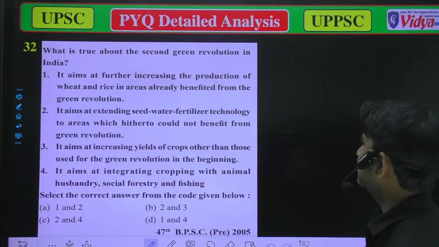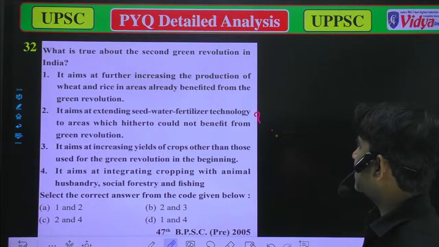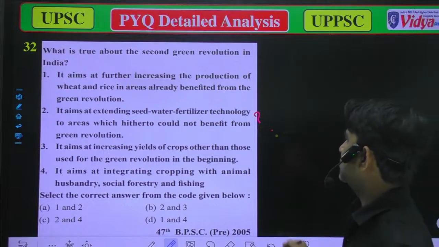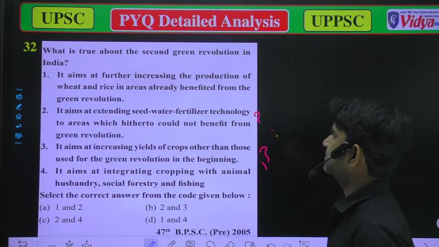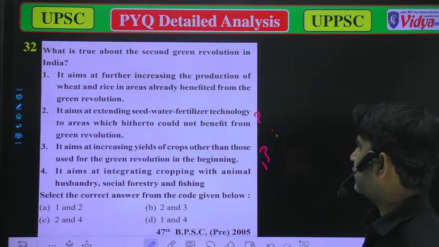Okay, second is true. Third, it aims at increasing the yield of crops other than those used for the green revolution in the beginning. That is also correct. Fourth, it aims at integrating cropping with animal husbandry, social forestry, and fishing. That's correct. Fourth is also correct.